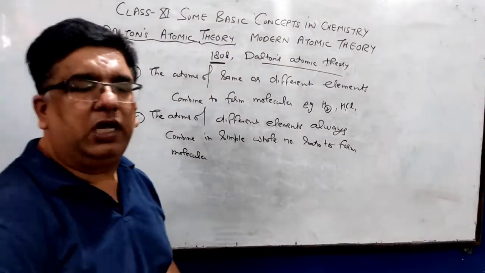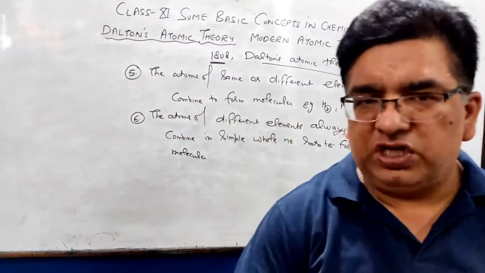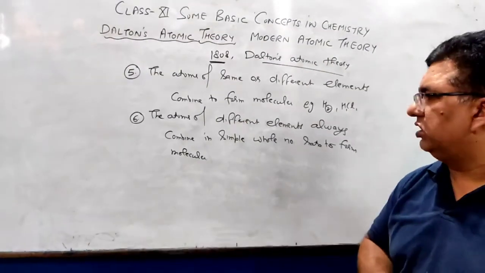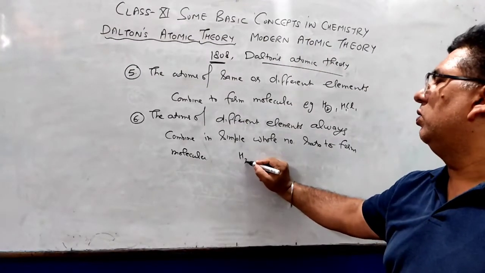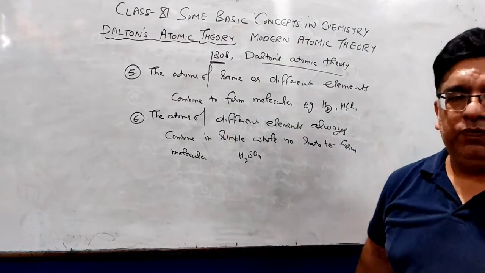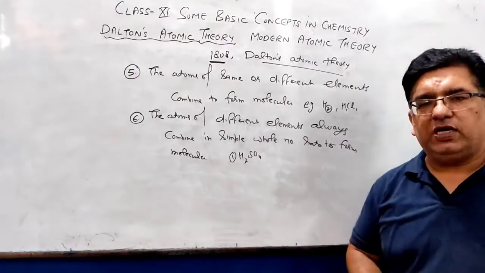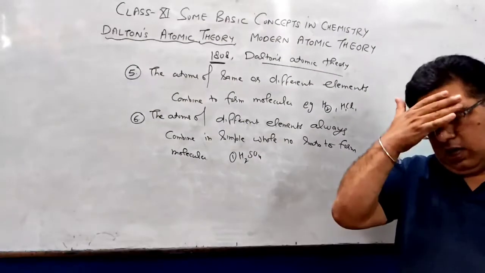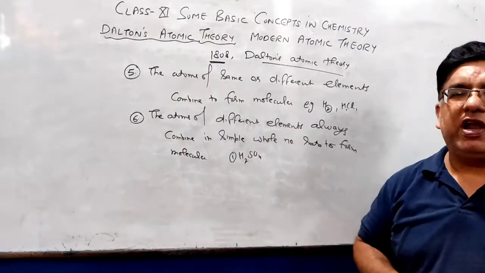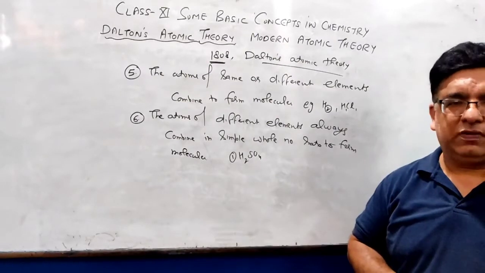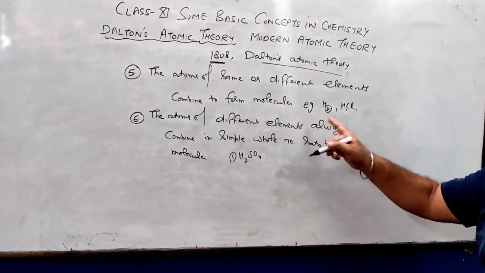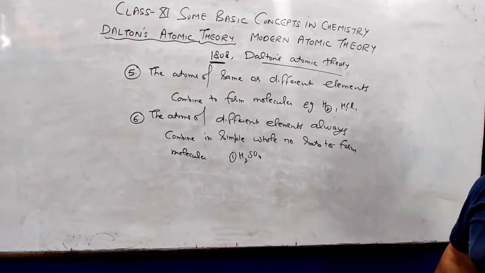Suppose we take the example of one molecule of H2SO4. One molecule of H2SO4 is made up of three elements, hydrogen, sulfur and oxygen, and we are using two atoms of hydrogen, one atom of sulfur and four atoms of oxygen. So he says that the atoms of different elements always combine in a simple whole number ratio to form molecules.